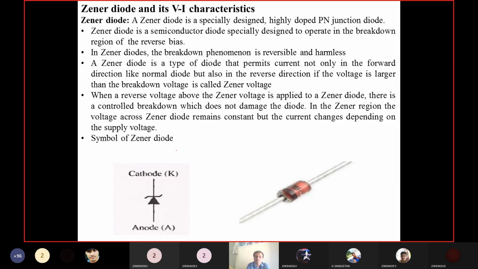In a normal diode, once the covalent bonds break, the diode will collapse. But here, the breaking of the covalent bonds is a reversible phenomenon. After breaking, the bonds form again, so there is no damage to the material in Zener diodes.